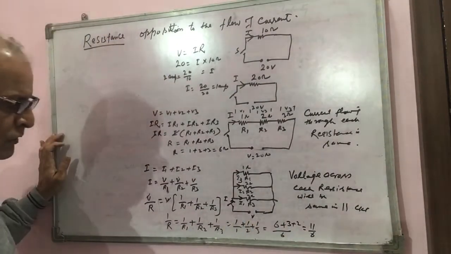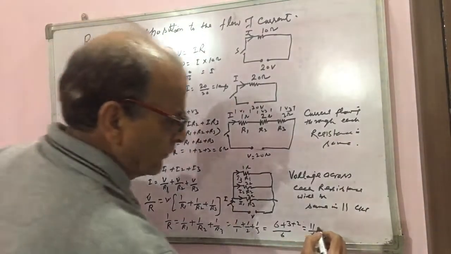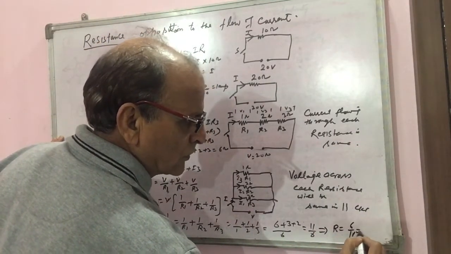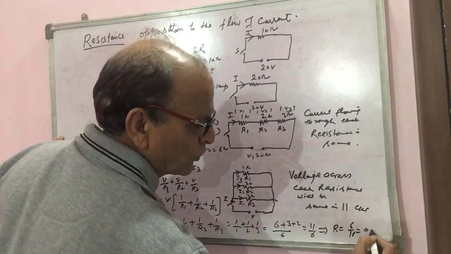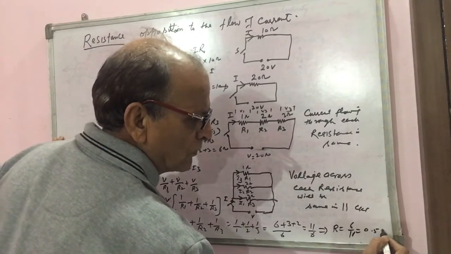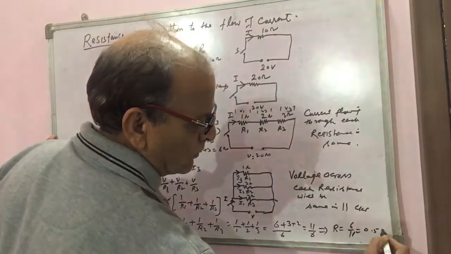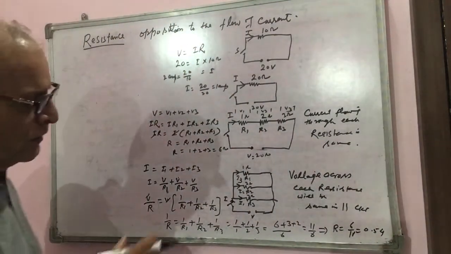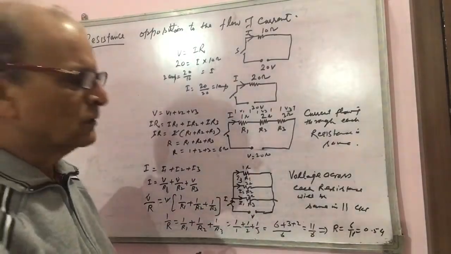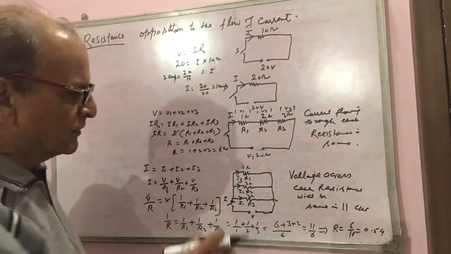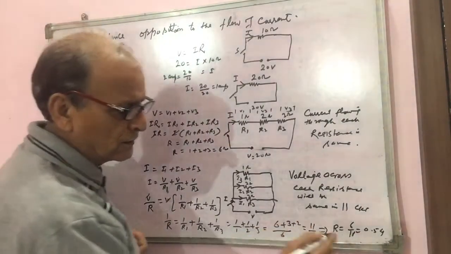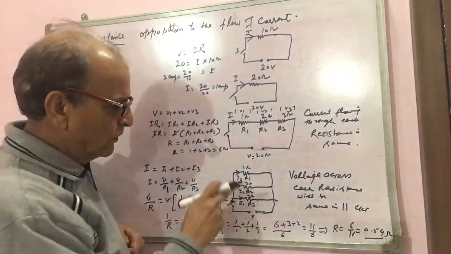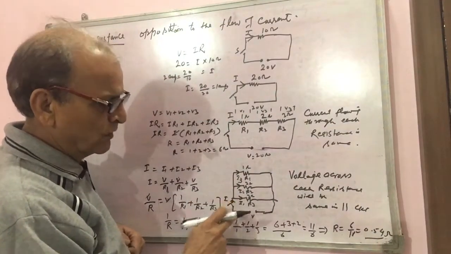So 1 over R is equal to 11 by 6, which implies that R is equal to 6 by 11, approximately 0.54. So in parallel, the total resistance becomes very small compared to the individual resistances, because the total value is 0.54 ohm and the individual resistances are 1 ohm, 2 ohm and 3 ohm.